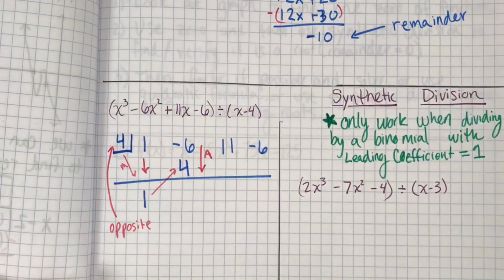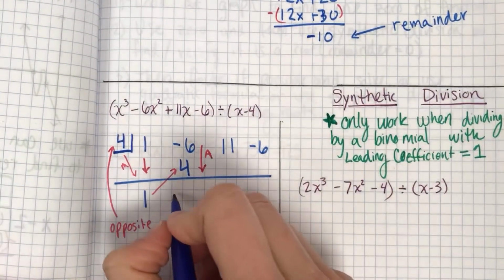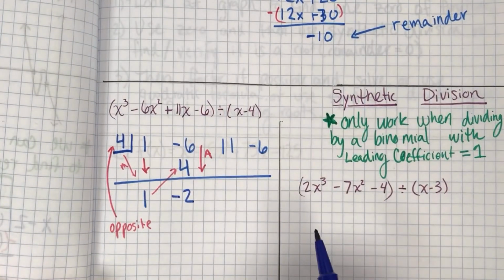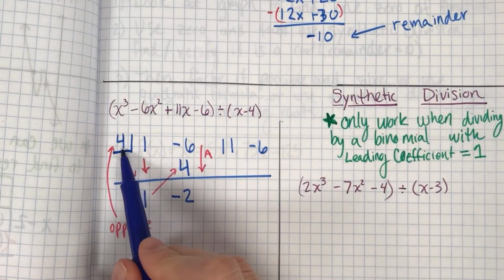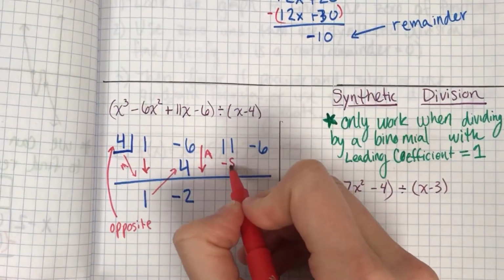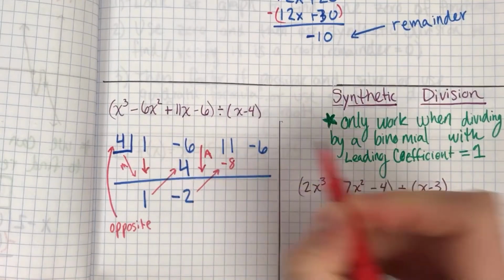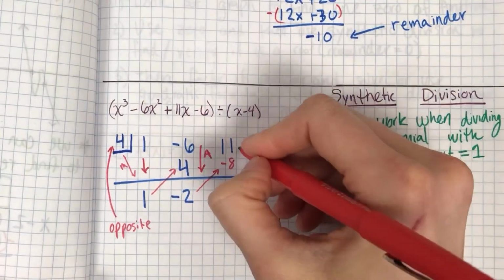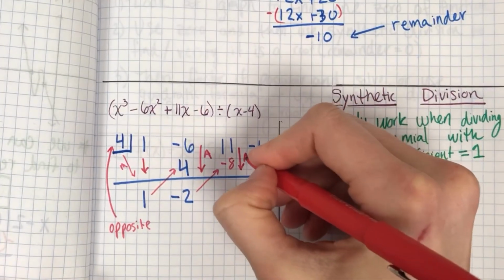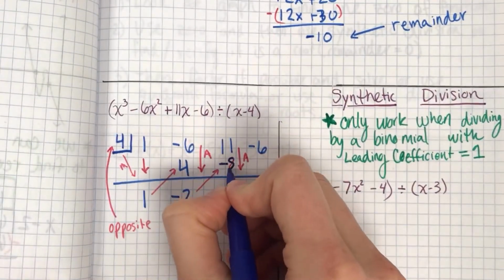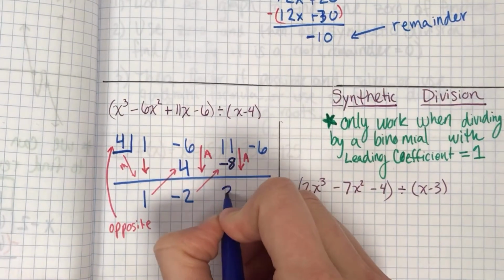So -6 plus 4 is -2. All right, and so now I multiply 4 times -2, which is -8, so I multiply and go this way. And then I add going down. So then we would have 3.